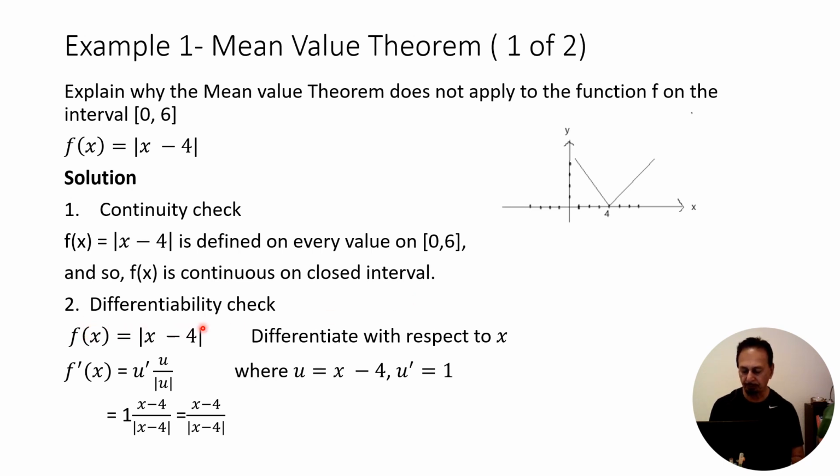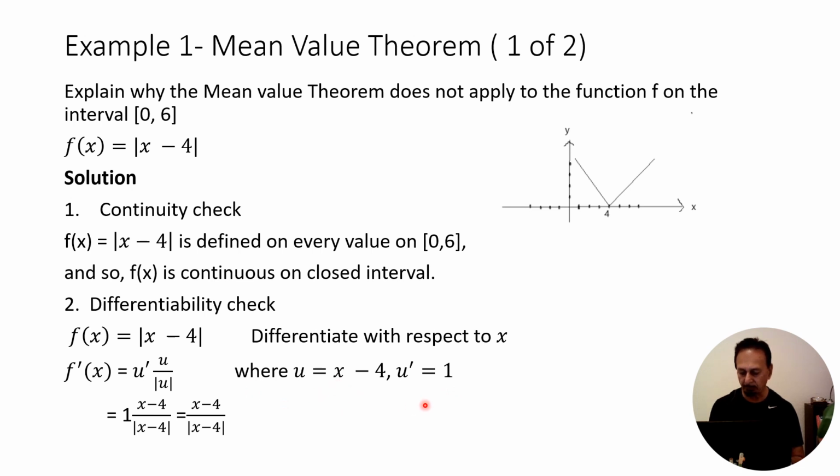Number 2, differentiability check. So f of x is the absolute value of x minus 4. We differentiate with respect to x. Since this is an absolute value function, the first derivative is given by the formula u prime times u over the absolute value of u, where u is x minus 4 and u prime is the derivative of this.